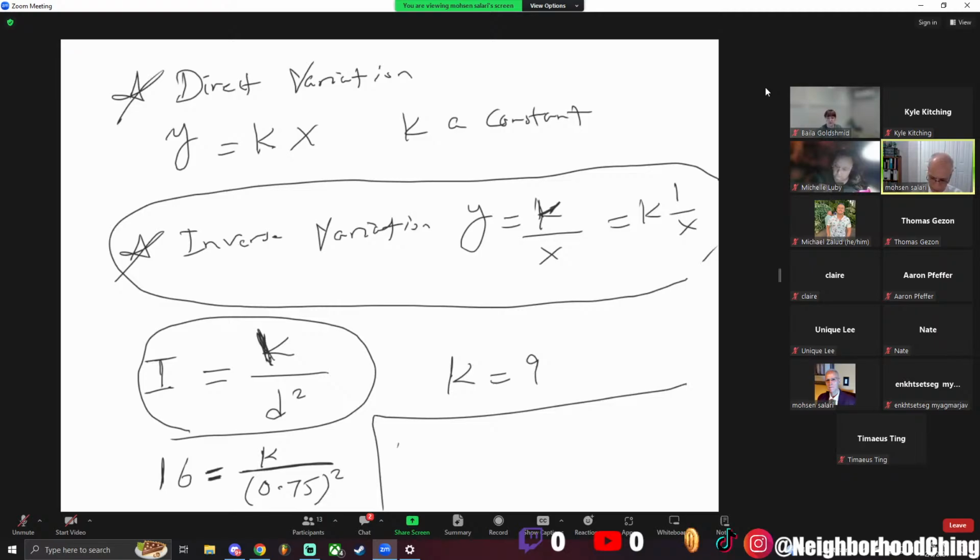Now I can say the intensity equals 9 divided by 2.25 squared, according to my calculator. Oh, it's parenthesis 2.25 squared. So, yep, 1.77 repeating. Okay, so that's the intensity.